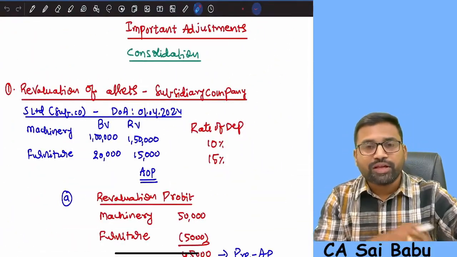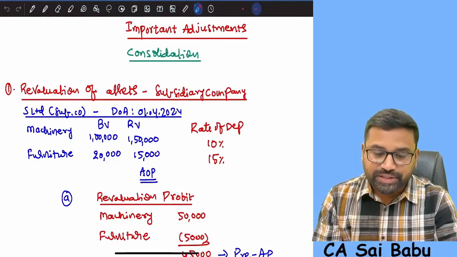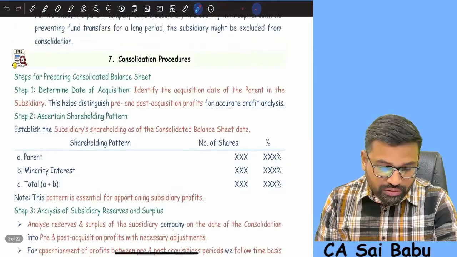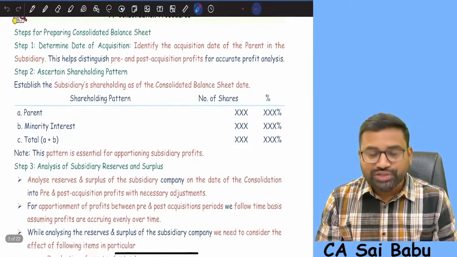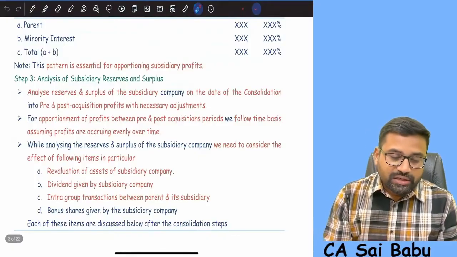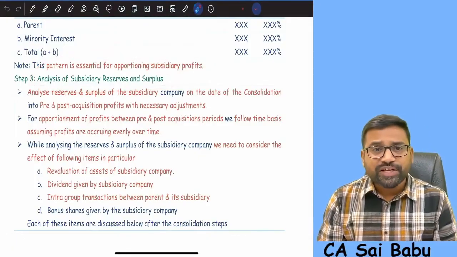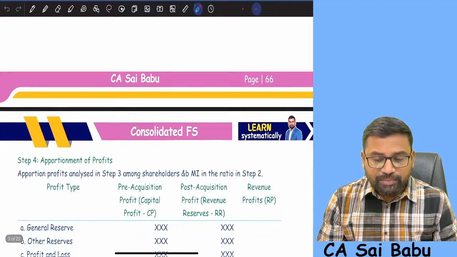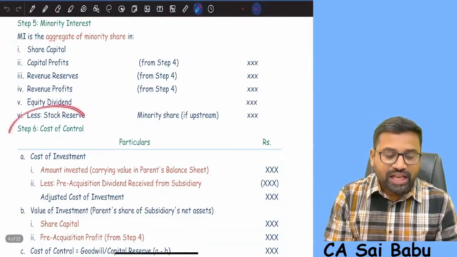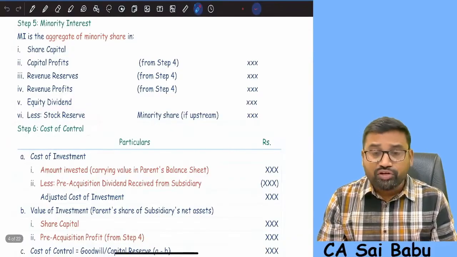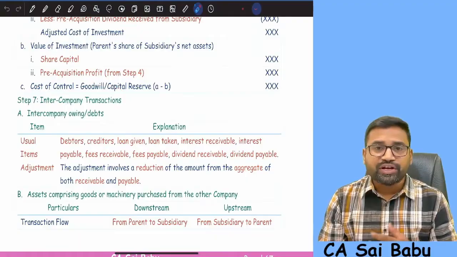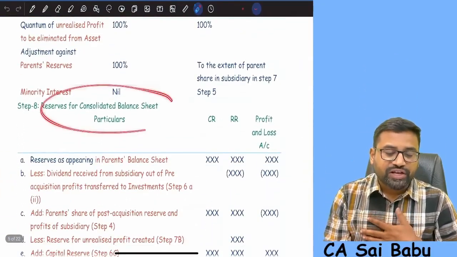Now let us cover important adjustments from the consolidation chapter, sir. Before discussing the important adjustments, you should have the basic idea about the consolidation procedure, the steps involved in it, especially step number 3, analysis of subsidiary company reserves and surplus, apportionment of the analyzed profits, ascertaining minority interest, calculation of cost of control, thereby goodwill or capital reserve, intercompany transactions, identification of intercompany transactions, and calculation of reserves for consolidated balance sheet.